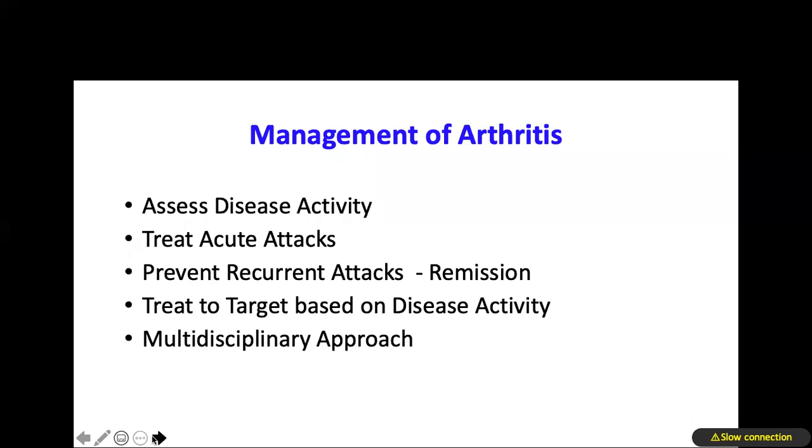Then, like in diabetes, we had to treat the acute attacks, so the hypoglycemic episodes or the hyperglycemic emergencies. Important for you to also prevent recurrent episodes of hyperglycemia.